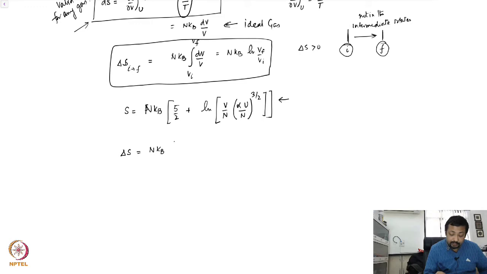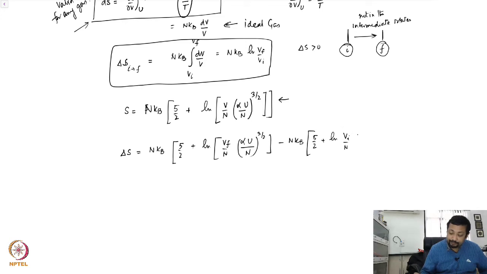Then ΔS is NkB [5/2 + ln((Vf/N)(αU/N)^(3/2))] minus NkB [5/2 + ln((Vi/N)(αU/N)^(3/2))].